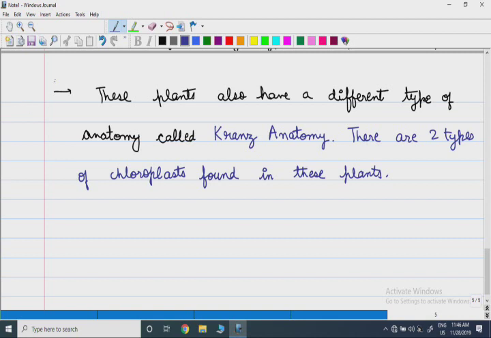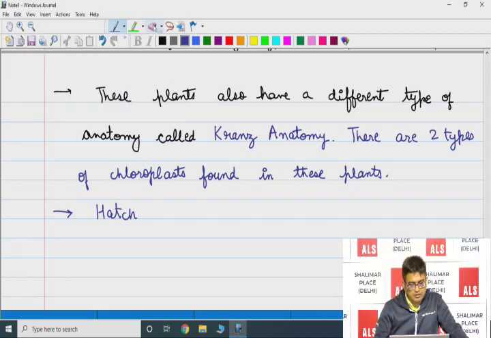So basically, Hatch and Slack studied this pathway. Wait a second, Hatch and Slack can come later. Let me finish something else. These plants are adapted to hot and dry climates.